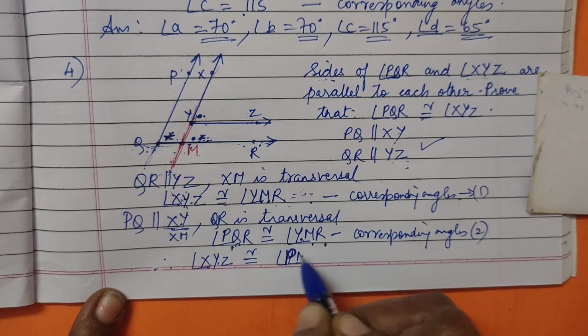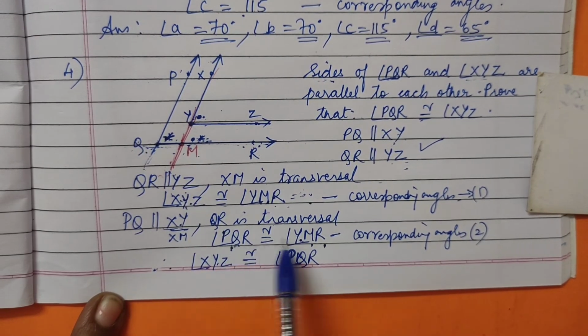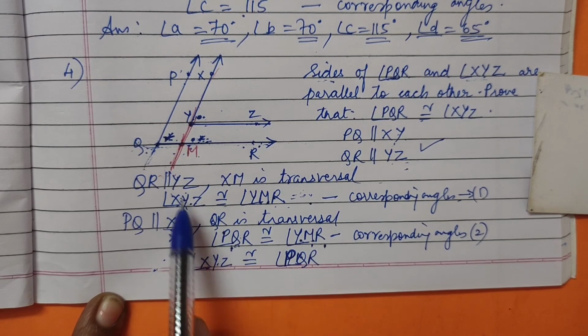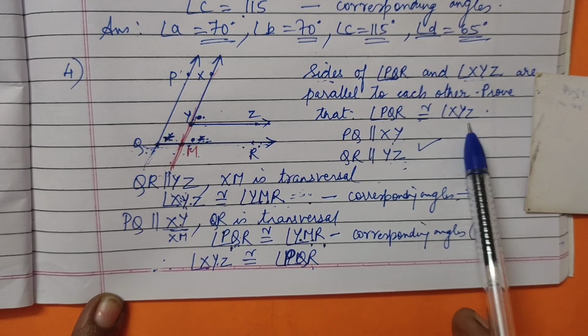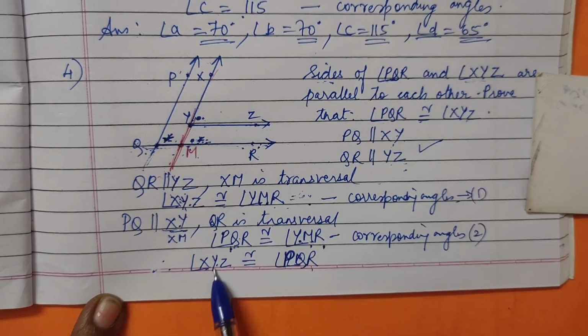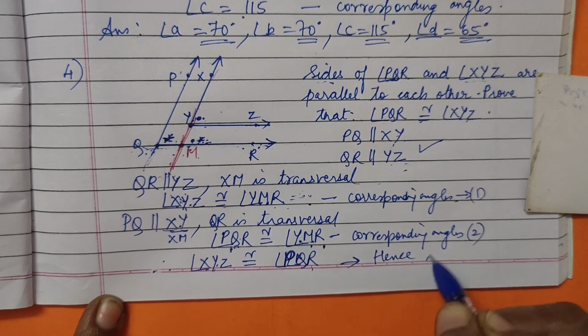So this is the one we needed to prove: PQR is congruent to XYZ. Hence proved.